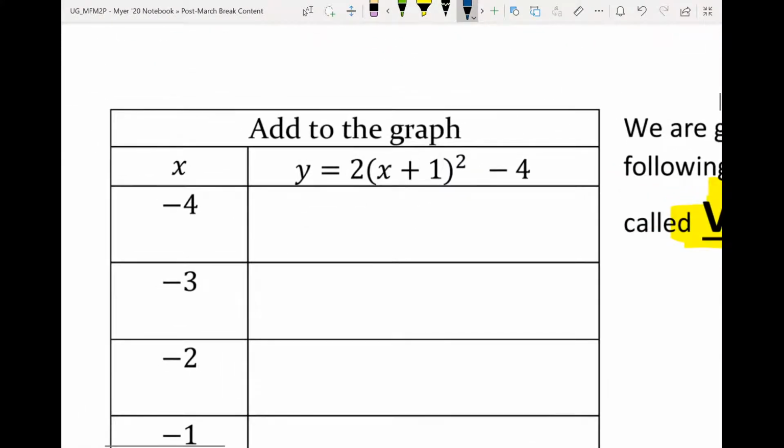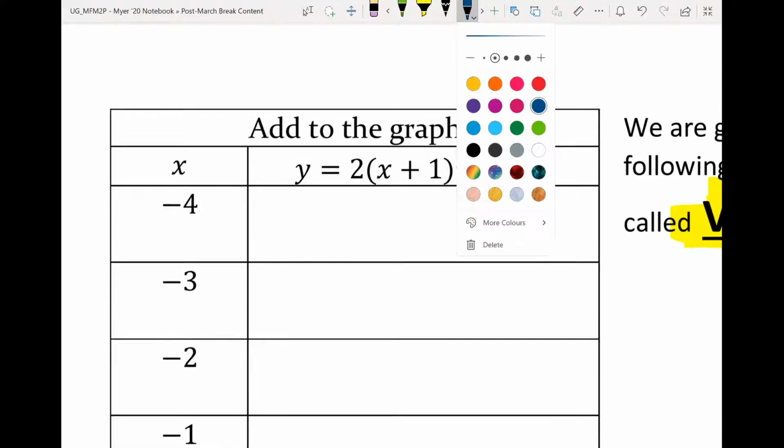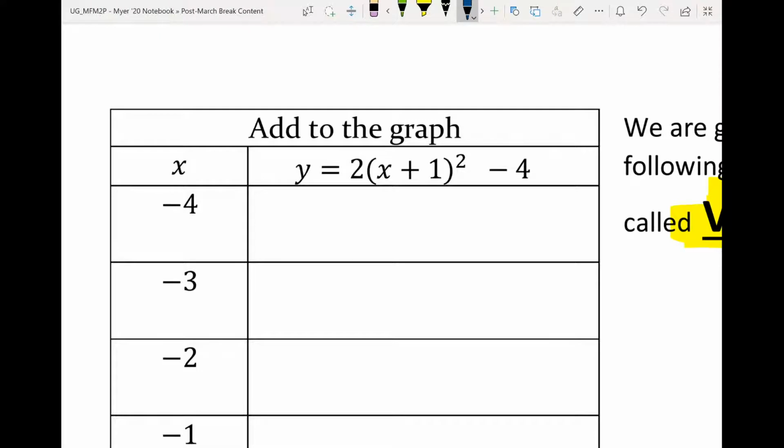So when x is negative 4, there's going to be some tiny writing on my part. So if I substitute in negative 4, I get, so I have to do the brackets first because of BEDMAS.